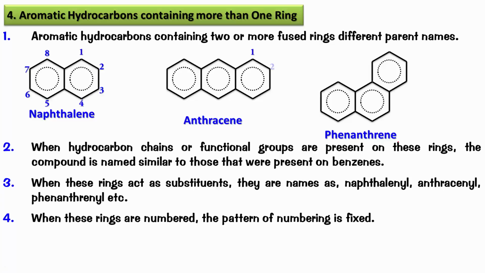Anthracene. 1, 2, 3, 4, 5, 6, 7, 8, 9, 10. Phenanthrene. 1, 2, 3, 4, 5, 6, 7, 8, 9, 10. So the numberings are fixed. So whenever you have to give a name to a group that is attached in these positions, this is the way the numbering is done. Obviously, try and give the lowest number possible.